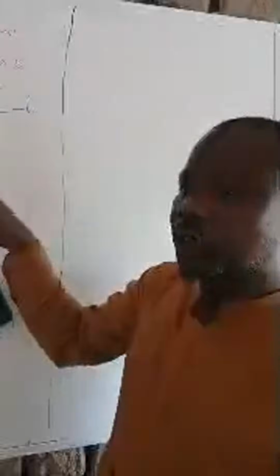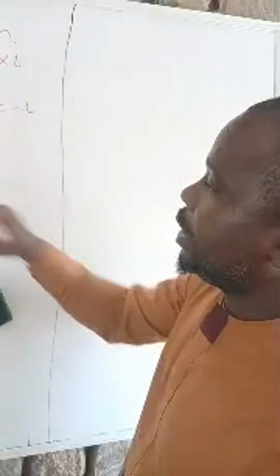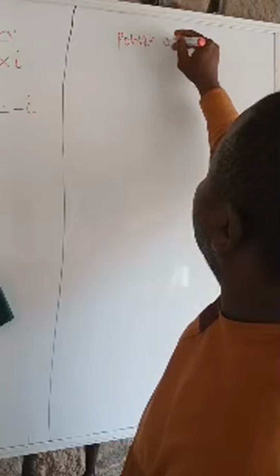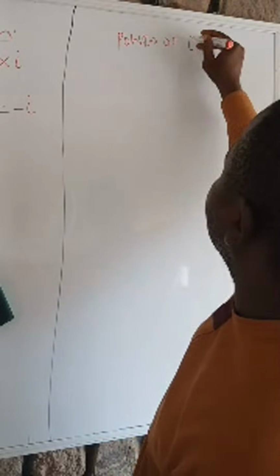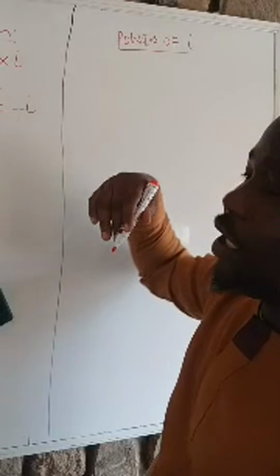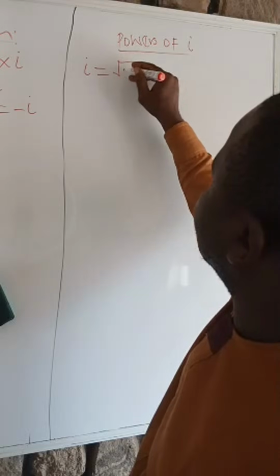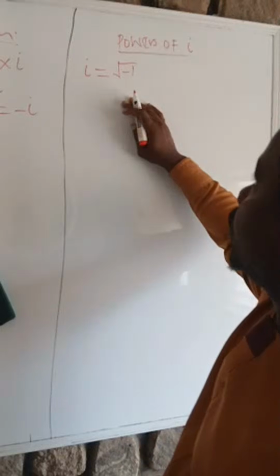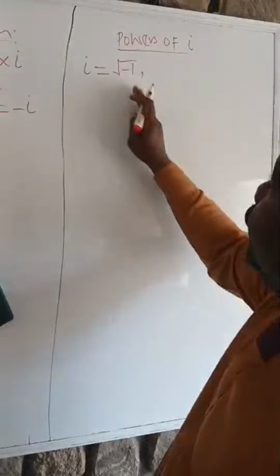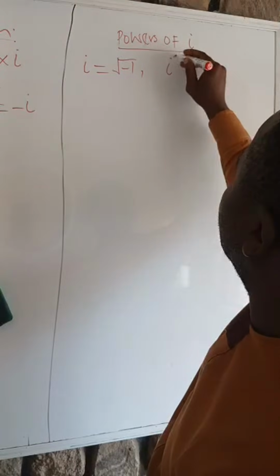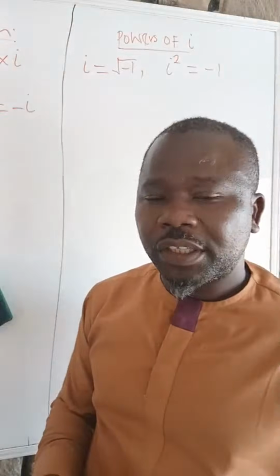As I was saying, before multiplication of complex numbers, we consider powers of i. So, powers of i means if we have i equals the square root of minus 1, you agree with me? So if we square both sides, it means this will now turn to i squared equals minus 1. True or false? I mentioned that, isn't it?